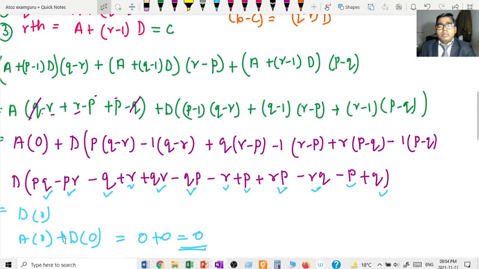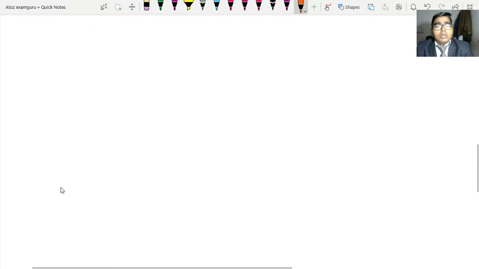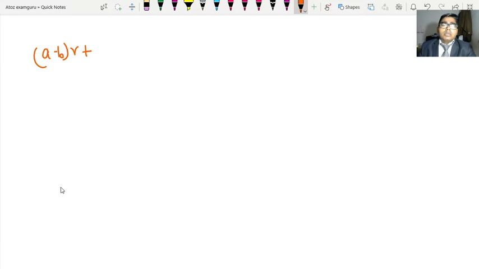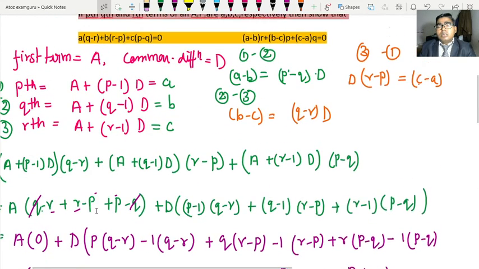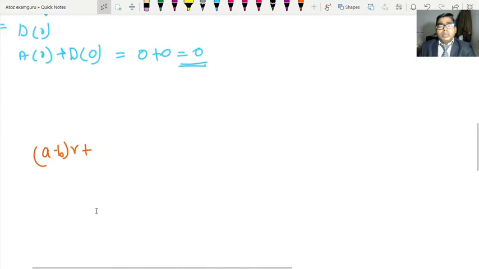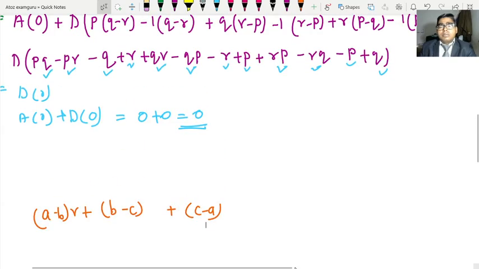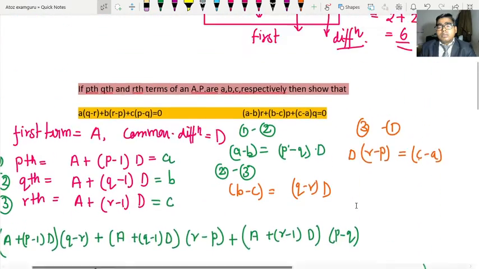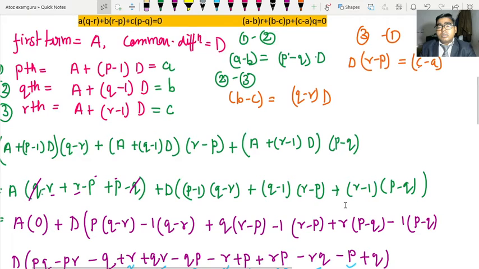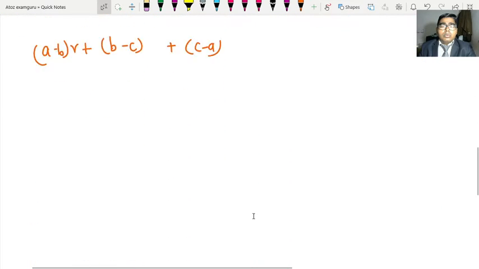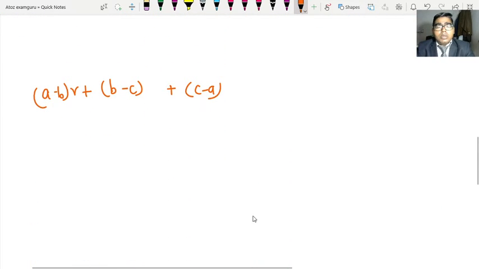Given to us A minus B into R plus B minus C into P plus C minus A into Q.